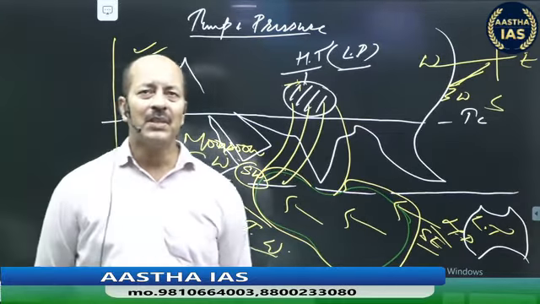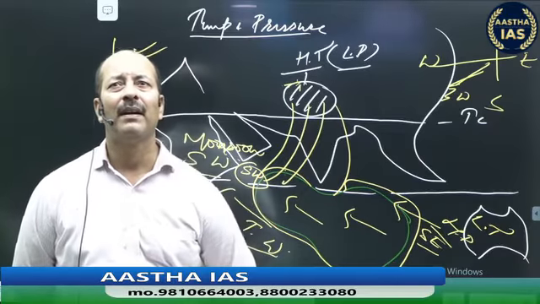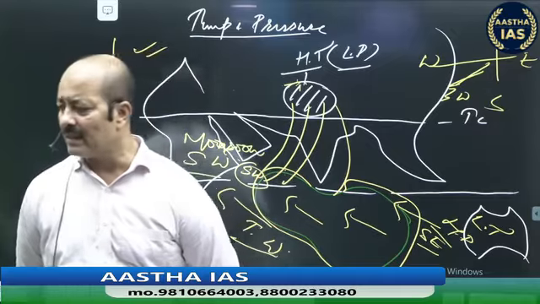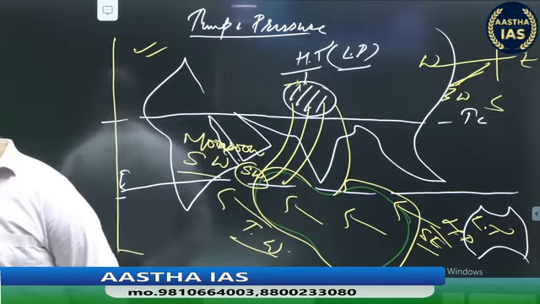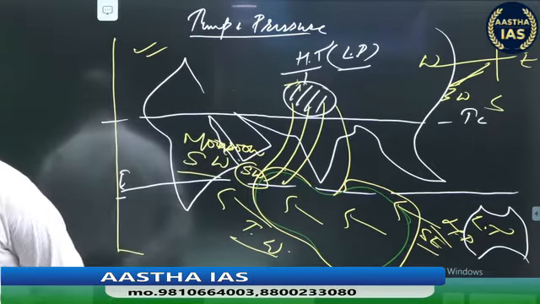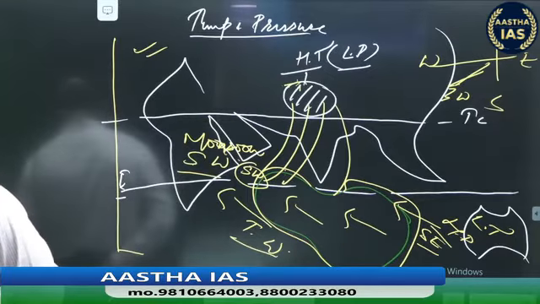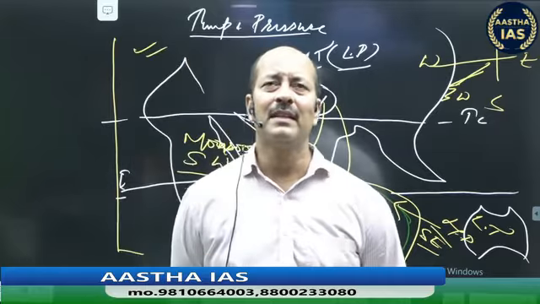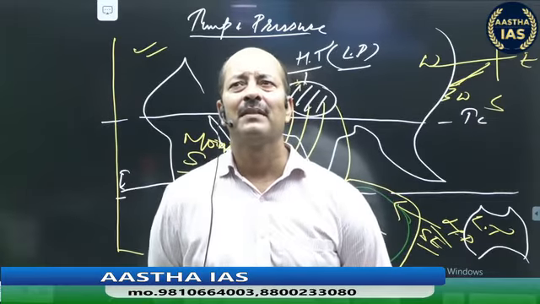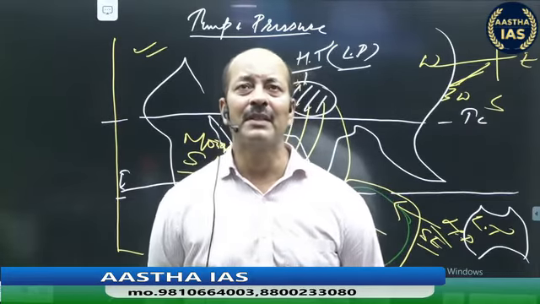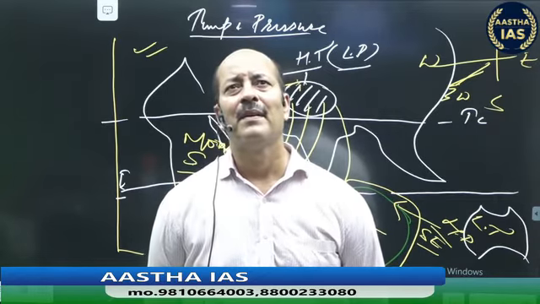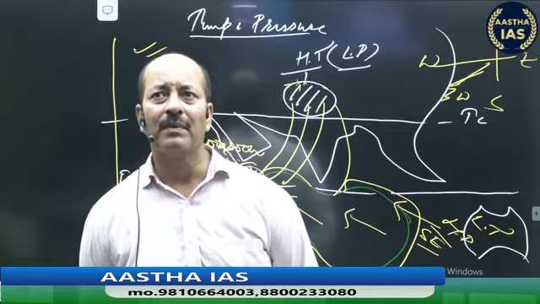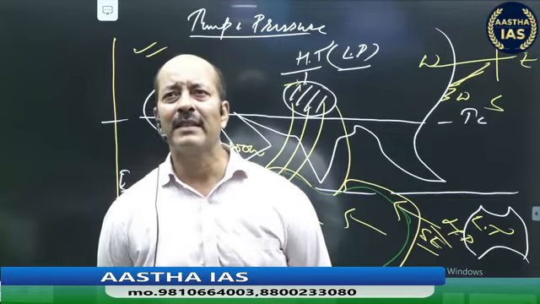So the wind from Australia comes to fill up the low pressure area of the equator zone.